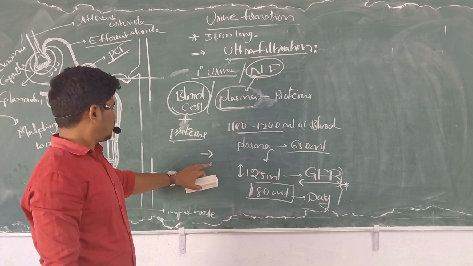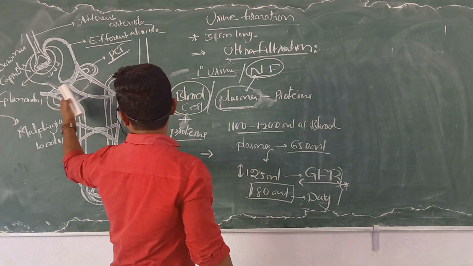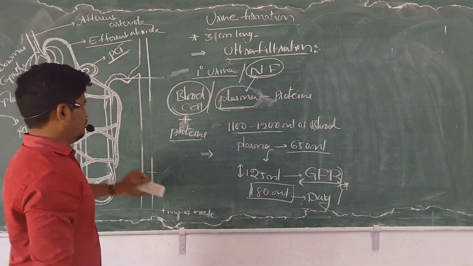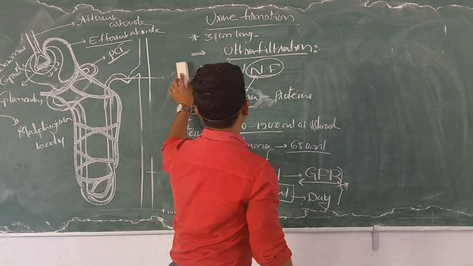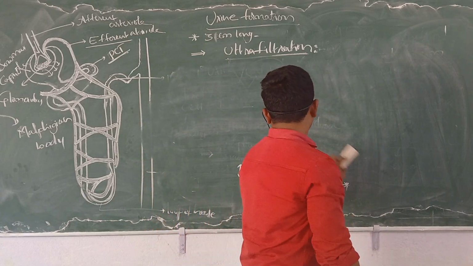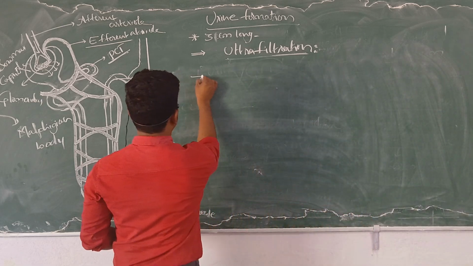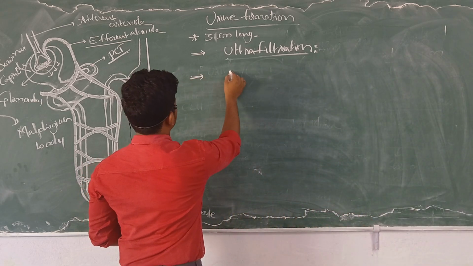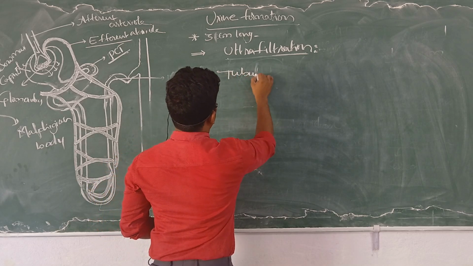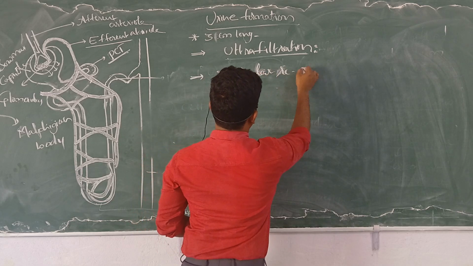Now after the glomerular filtration, we are going to discuss the next concept, absorption, which happens after glomerular filtration. Here we are going to discuss the next step, tubular reabsorption.